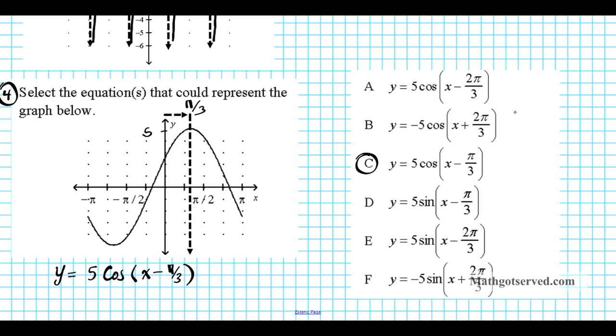The identity we're going to use is the co-function identity: sine of theta plus pi over 2 is equal to cosine theta. What does this mean? This means that if you have a sine function and you shift it pi over 2 units to the left, you end up with a cosine function.